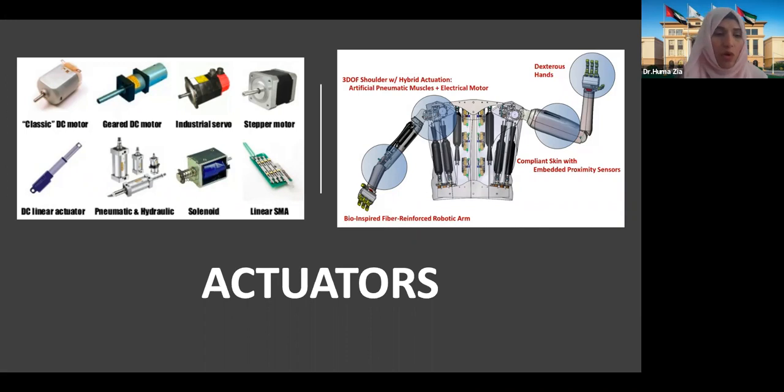If you want a specific angle movement, like in the arm being shown in the picture, you can achieve that through a servo motor, which moves at a specific angle, 90 degrees, 180 degrees, or something else. As far as stepper motors are concerned, if you want your robot to move a specific distance or take a certain number of steps and then come back, or move forward or backward, then stepper motors are very ideal for that.